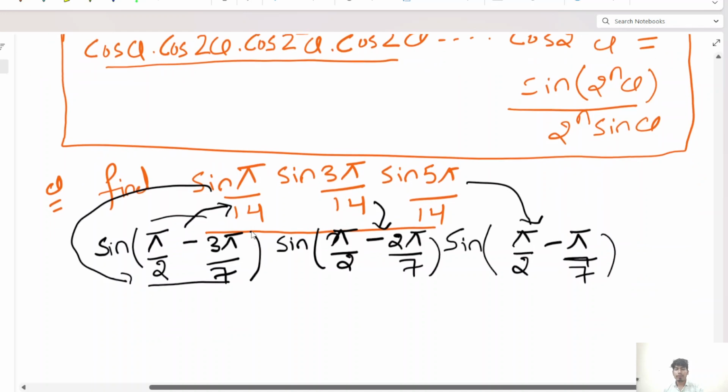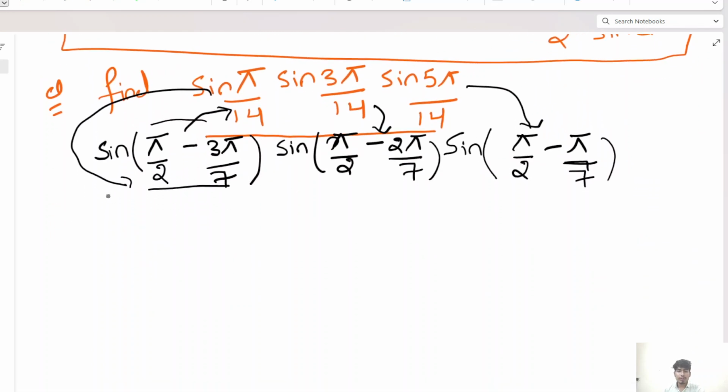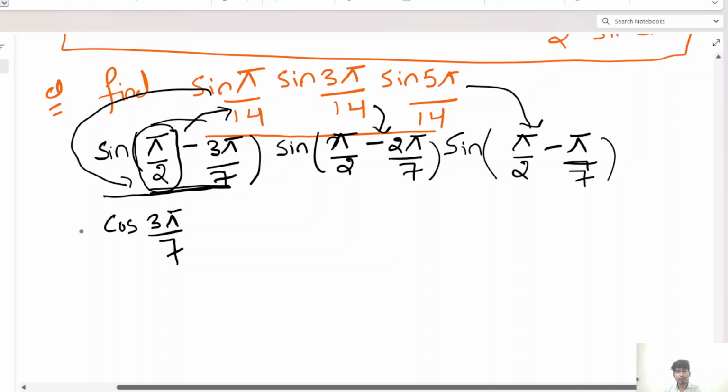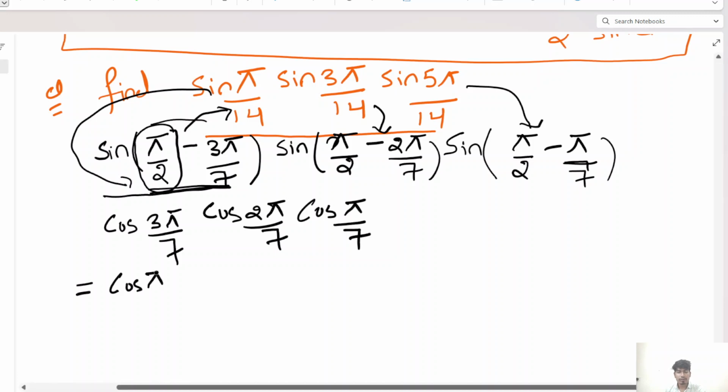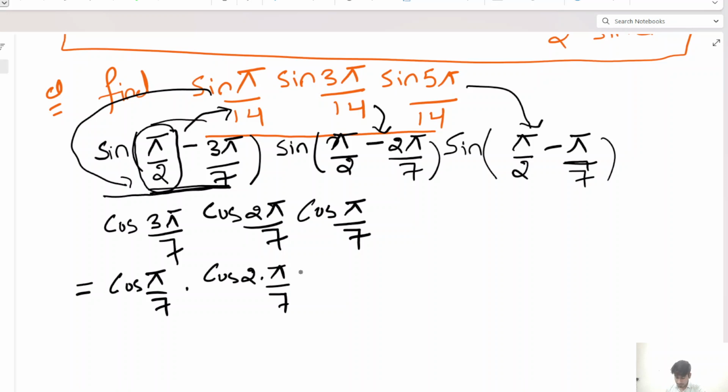Now what will we do? We know this is sine changing on pi by 2, so this value is cos 3 pi upon 7, because this is in the first quadrant, so there is a positive sign. Similarly this is cos 2 pi upon 7 and this is cos pi upon 7. Let us write in the correct order: cos pi upon 7 into cos 2 into pi upon 7, this is 2 theta, and cos 3 pi upon 7 is left.